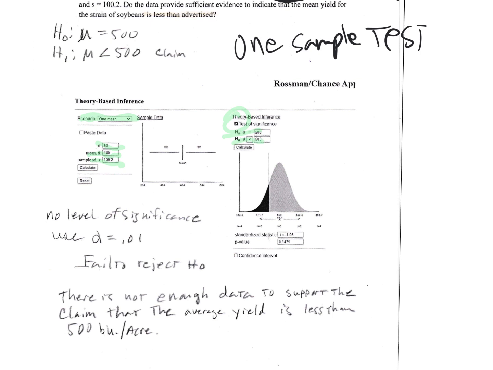That's why it's important to write H1 beforehand. See, I did that up here. Then click calculate, and it'll often fill it in automatically. Here's your t-score, the test statistic. You want to report that out. Here's your p-value. Notice it's given us our left-tailed test, and we know that's going to be our p-value.